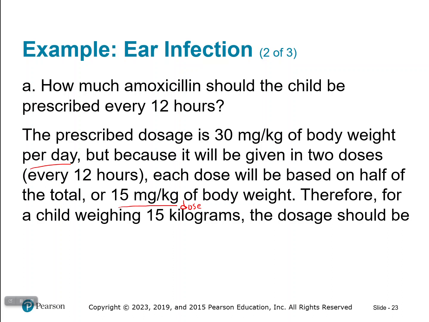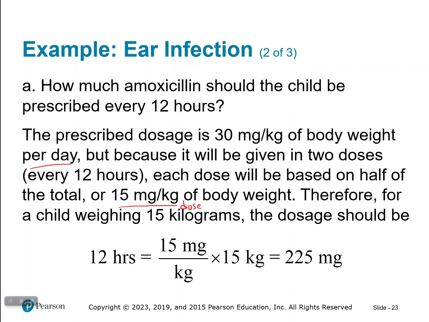Therefore, for a child weighing 15 kilograms, the dosage for 1 dose every 12 hours is 15 milligrams per kilogram, multiplied by the 15 kilogram patient. Kilograms cancel out, and we get 225 milligrams.